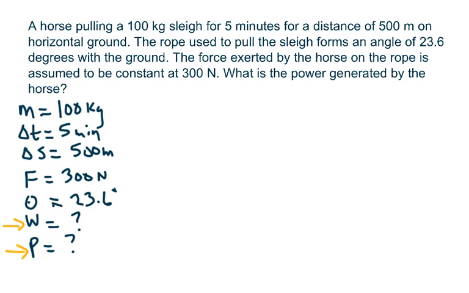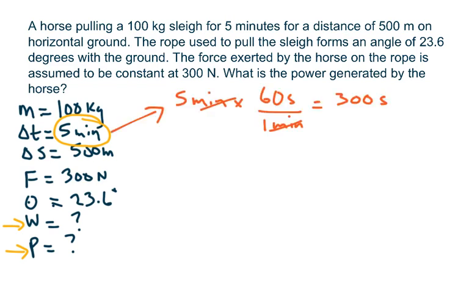And if I look at my variables, I notice that one of them is not in the unit that I need it to be, so I'm going to have to show that conversion. So I'm going to convert my minutes to seconds, and once I have that, it's just a matter of plugging stuff in. Once I've converted my time, I'm going to plug in the work formula because I have to solve for work first.